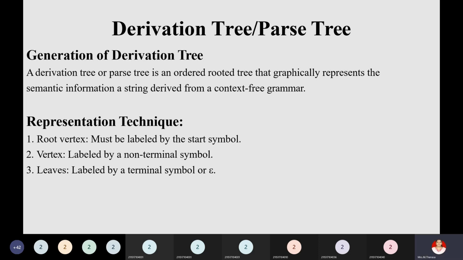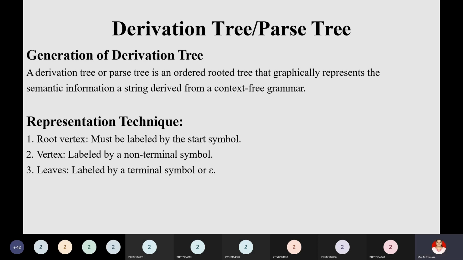So there are some representation techniques. The root vertex must be labeled by the start symbol. Always the root node of the tree must start with the start symbol. The vertices are labeled by non-terminals, and the leaves are labeled by terminals, or sometimes you may get epsilon.